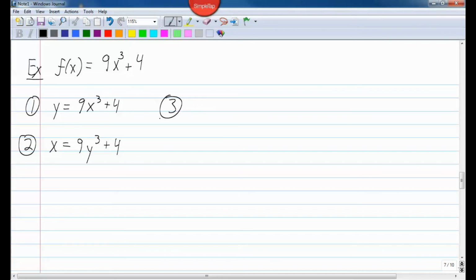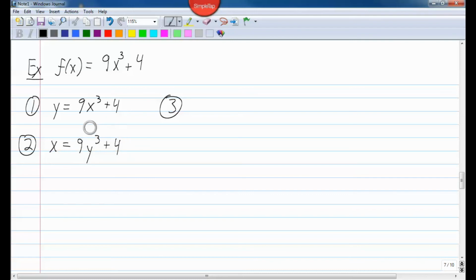Step 3, solve for y. So the first thing we need to do to solve for y is to get y by itself. So I'm going to get this 9y cubed term by itself. So move this 4 over.